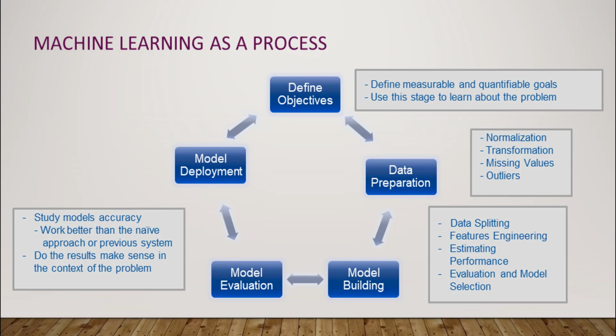The first step is to know your objectives, what you are actually trying to do, and what the outcome of your complete project or model should be. The data is a very important part of machine learning. If you don't have good data, you will not get good results.